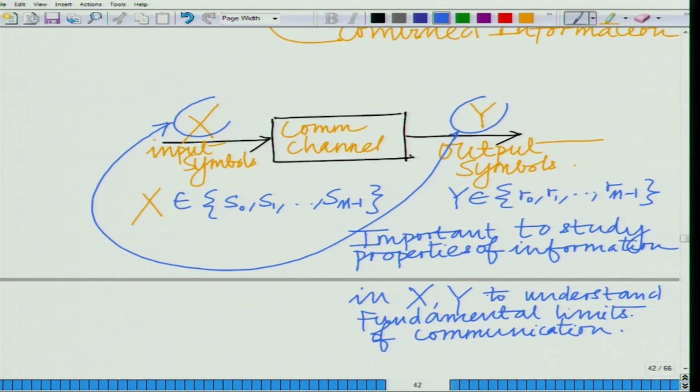We have X, the input, and Y, the output of this communication channel. We want to know how much information is communicated across this channel, what information Y conveys about X, how much information the input X conveys about Y, and what is the total information in X. These questions are important to answer in order to characterize the fundamental aspects pertaining to communication of information over this channel.